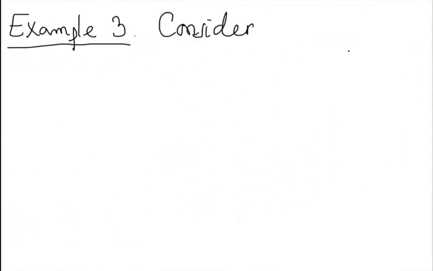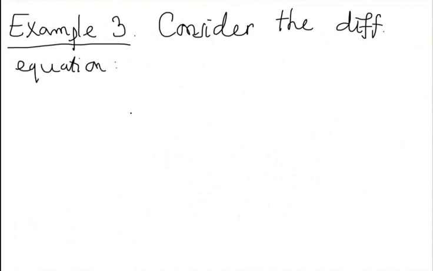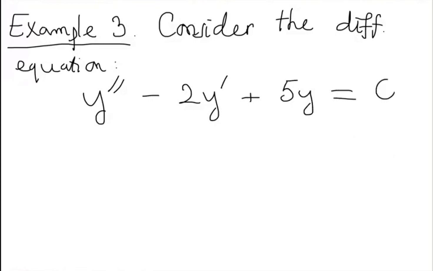Now let's look at another example. Consider the differential equation y double prime minus 2y prime plus 5y equals 0.